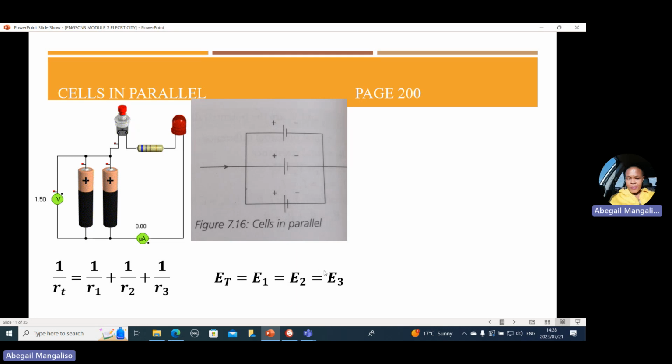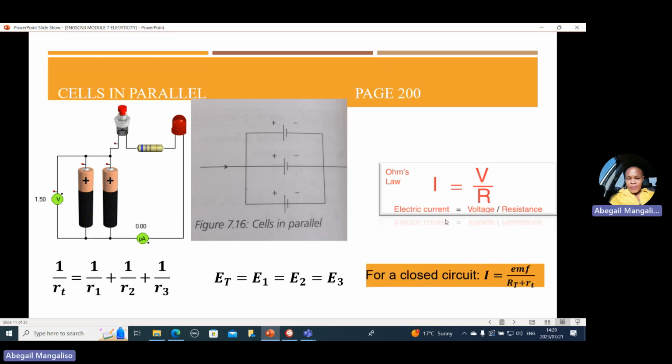So on a parallel section, whether it's a resistance or a cell, the voltage is the same. For calculation, we use Ohm's law. Also, when the internal resistance of a battery is considered, you add it to your total external resistance.